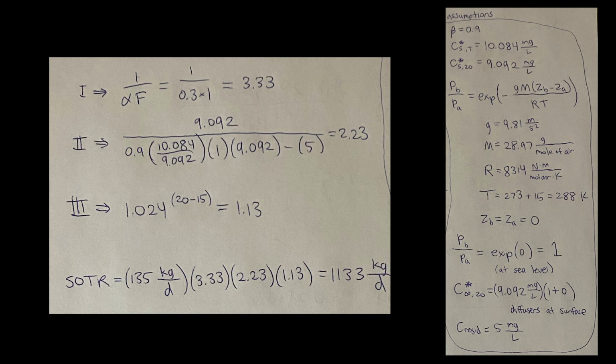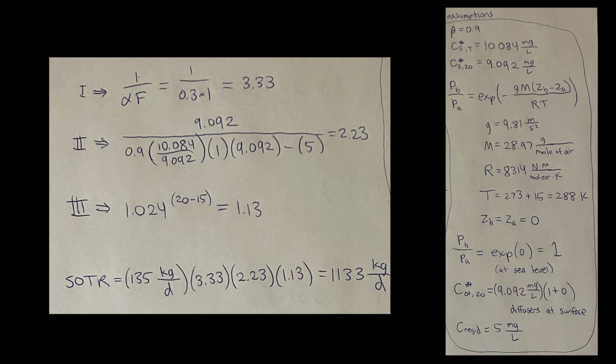So now that we've established the values of all these parameters for our equations, we can calculate the first, second, and third terms of our SOTR equation. You can see here in the calculations that the first term is equal to a value of 3.33. The second term is calculated to be a value of 2.23, and the third term is calculated to be a value of 1.13.